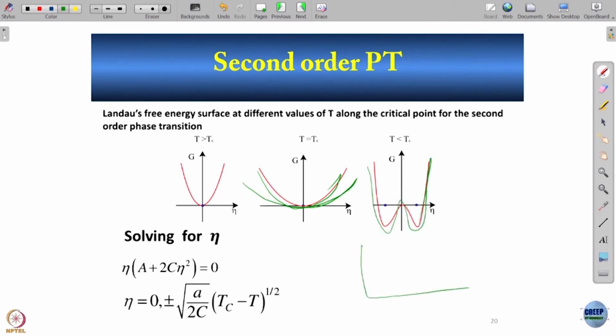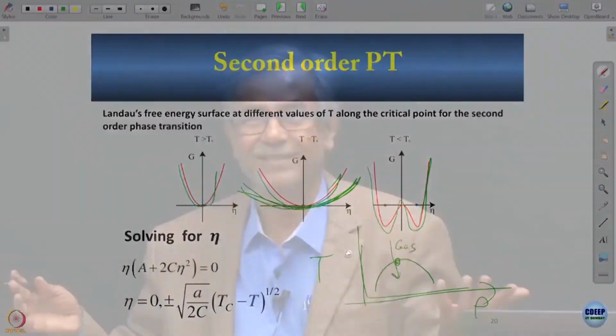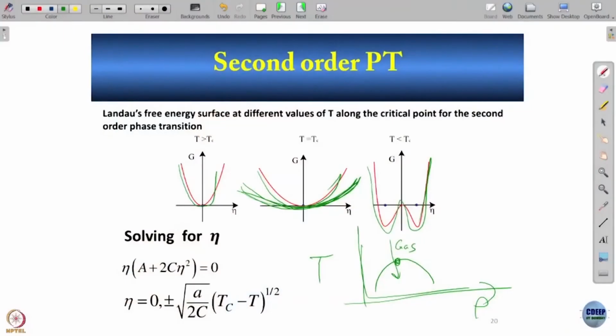So if I go to this critical point, temperature against density in a gas, liquid or binary mixture, I am coming down like that, then the minimum in the gas phase is becoming flatter. Remember, the second derivative of free energy is the compressibility, that diverges, it becomes infinitely compressible, and then suddenly when you go below the critical point, two minima appear, that of the gas and the liquid.